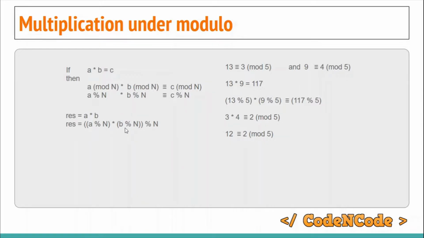Same goes for the second number. So a mod n and b mod n would be less than 10 to the power 9. If you multiply them, that would become 10 to the power 18, and 10 to the power 18 is inside the limit of long integer, so it would not result into overflow. And then finally take modulo to give the final result.